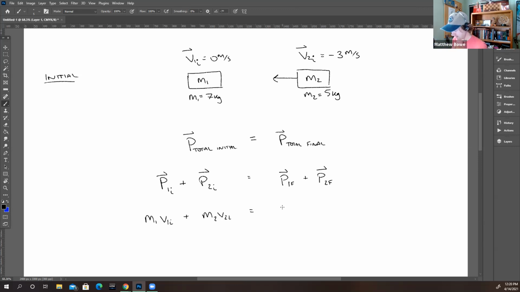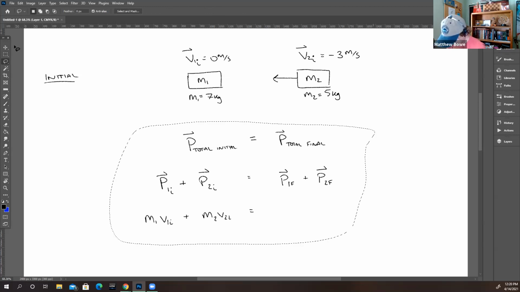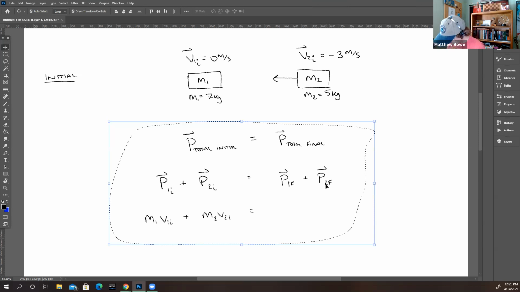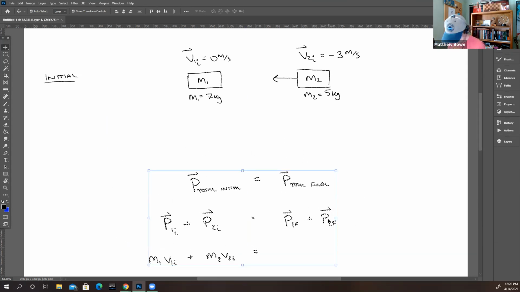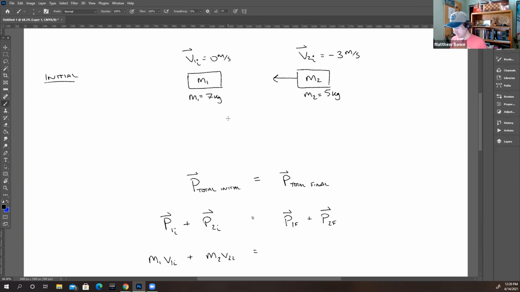But now I see over here, I need to actually give a case for a final. That's what I forgot to do. So let me put the final case. This is the initial, before the collision.